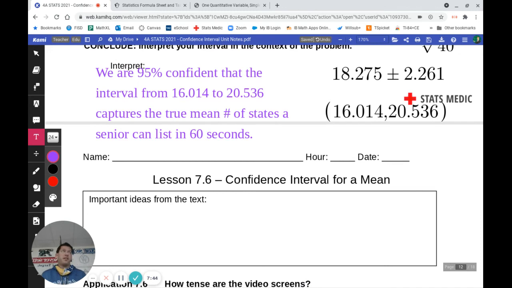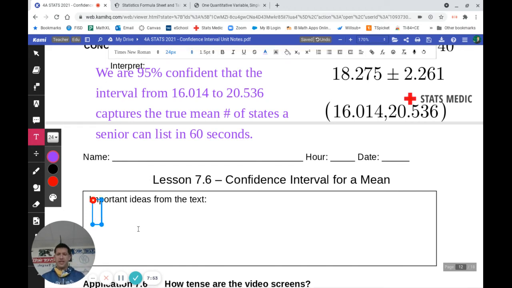So basically what we did last class, now we just have a little bit of a format to it where we state, plan, do, and then conclude.